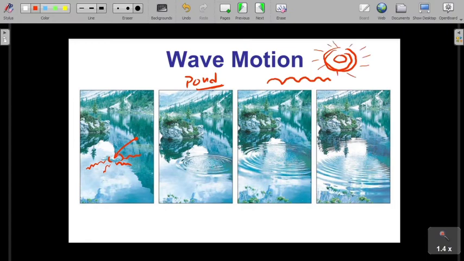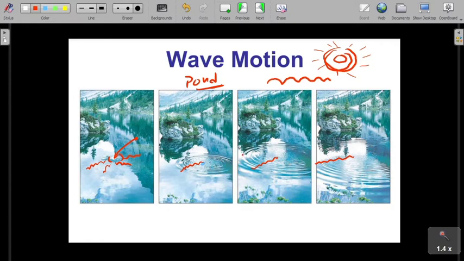So the same thing is happening that we all have seen from our childhood: when we throw something in the pond, it pushes the water, and this is nothing but the vibration happening on the water. Then the vibration spreads more and more.